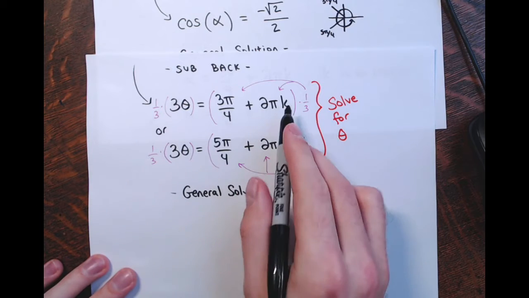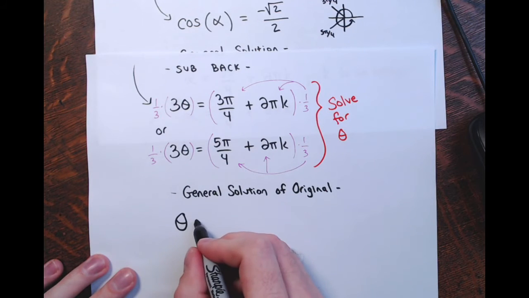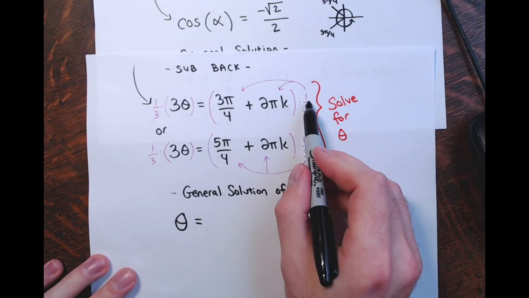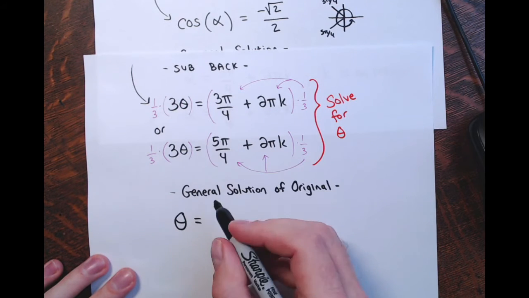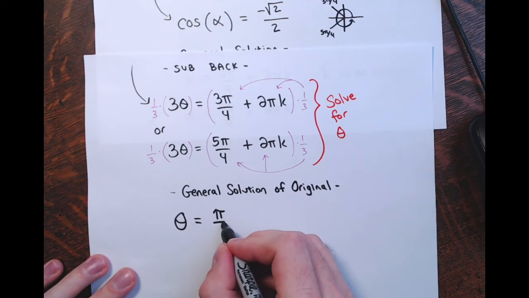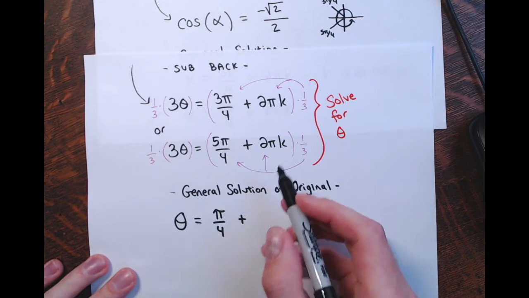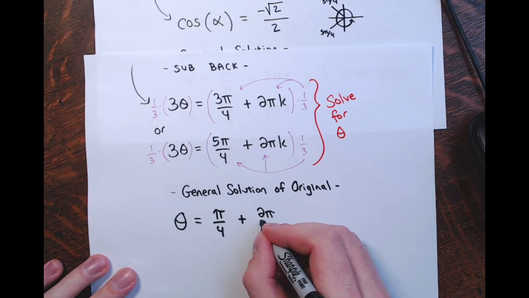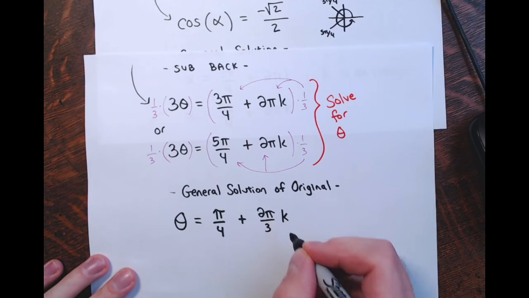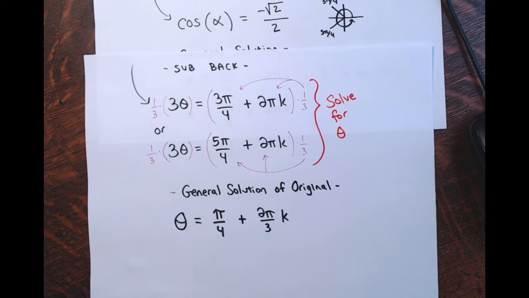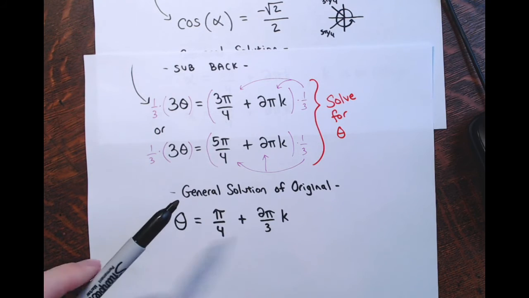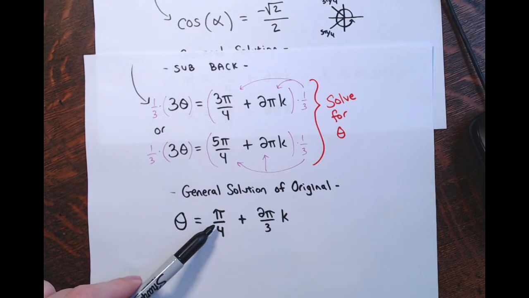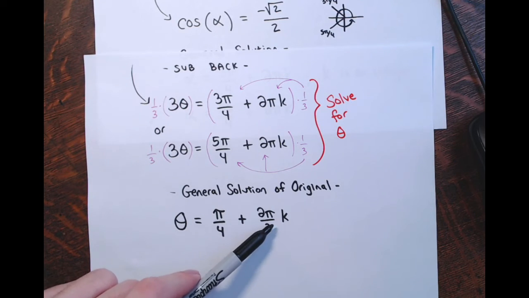So from the first line, theta could be replaced with 1/3 of 3 pi over 4, which is just pi over 4, plus 1/3 of 2 pi k, which would just be 2 pi over 3 times k. So this means that theta could be replaced with pi over 4 plus any multiple of 2 pi over 3.